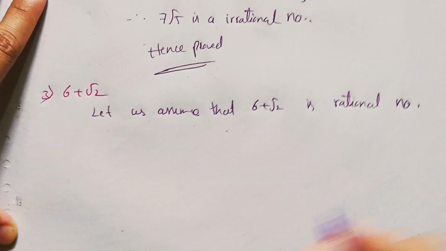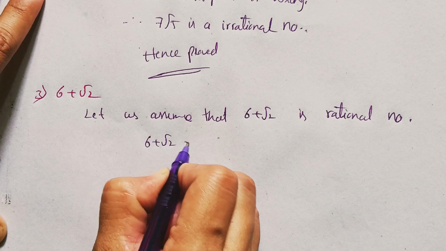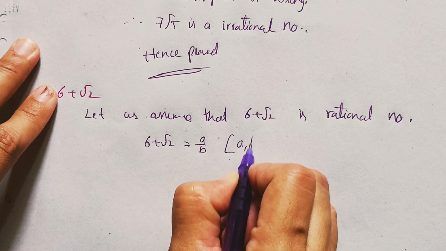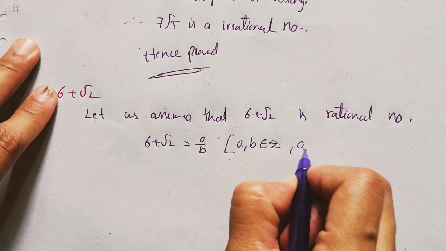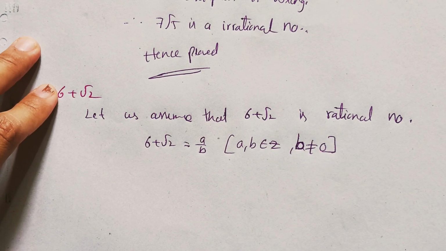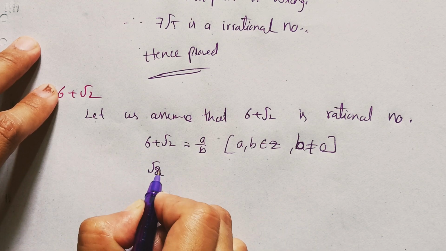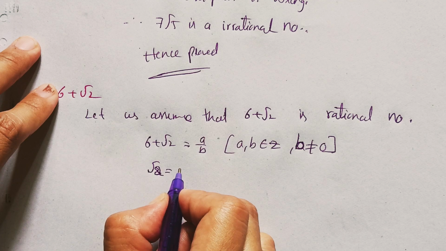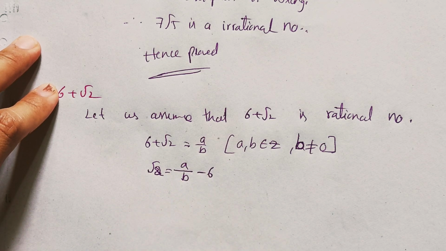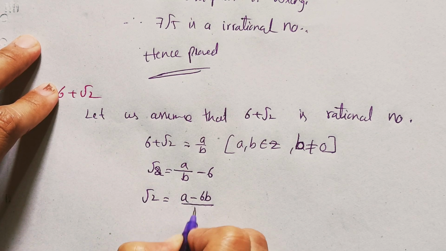If this is a rational number, then 6 plus root 2 equals a by b, where a, b belong to Z and b not equal to 0. Now I am sending 6 to that side, then root 2 equals a by b minus 6, then root 2 equals a minus 6b by b.